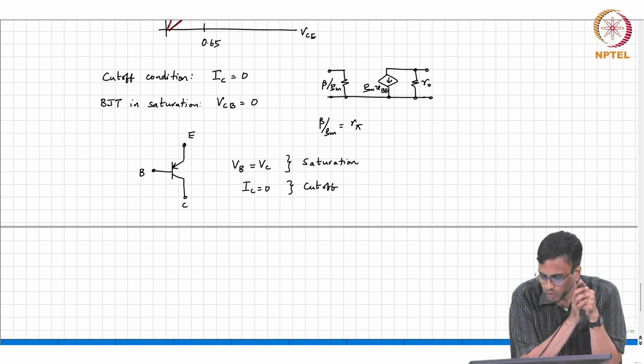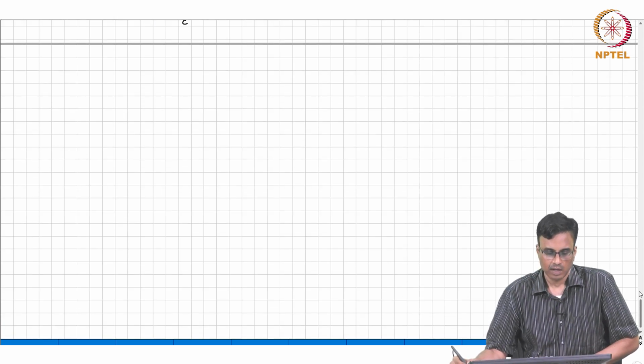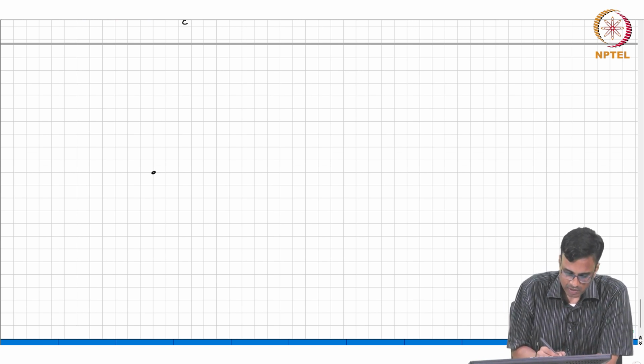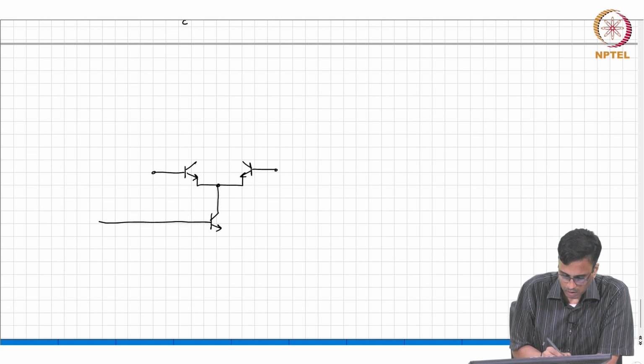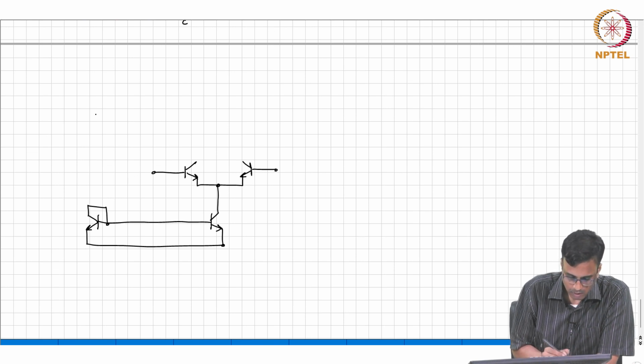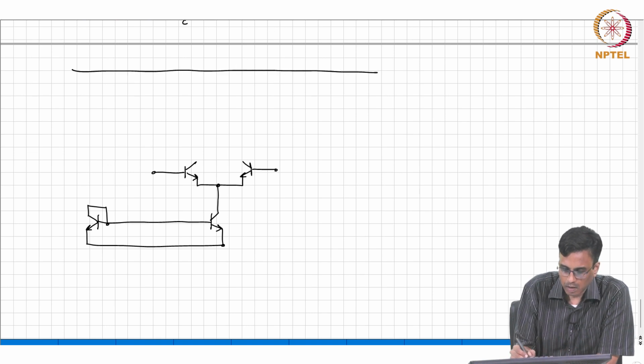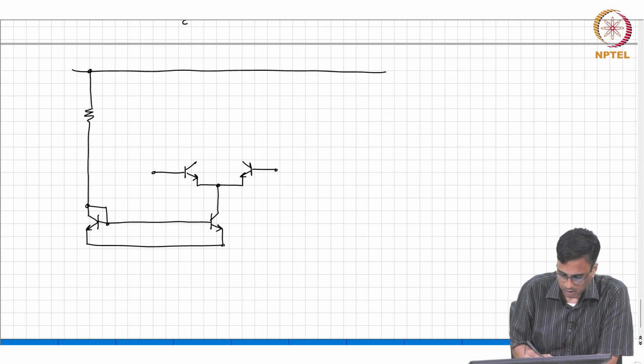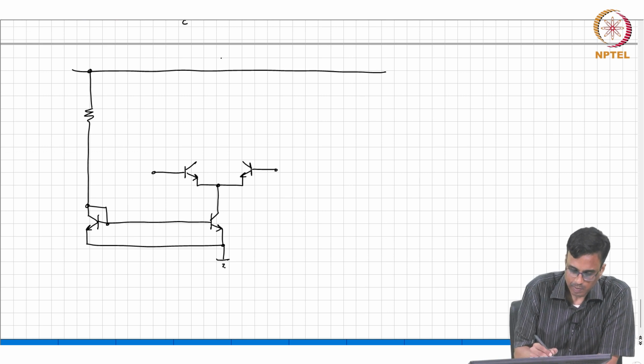Okay. Now, after we are done with this, the next thing to do is the differential pair, and the motivation for doing the differential pair in the two-stage op-amp remains exactly the same. So, let me take some simple examples.